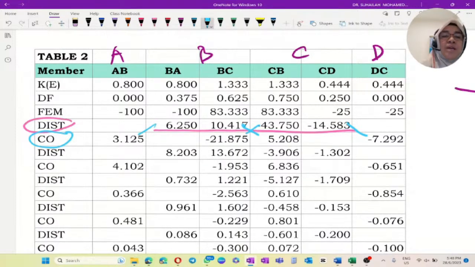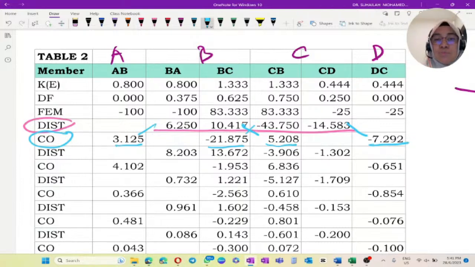So for AB we get 3.125, and for BC we get negative 21.875, from negative 83.75. For CB is 5.208, from 10.417 times 0.5. And for DC, we get negative 7.292, from negative 14.583.